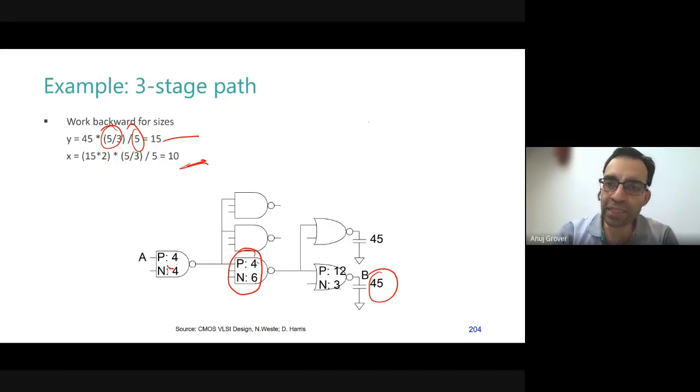Yes. In a 2 input NAND gate, to say that the resistance of the PMOS network and the NMOS network is the same, you keep them the same size.